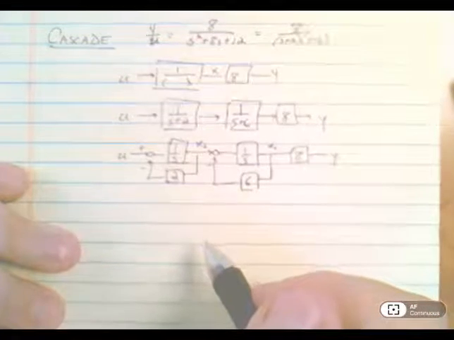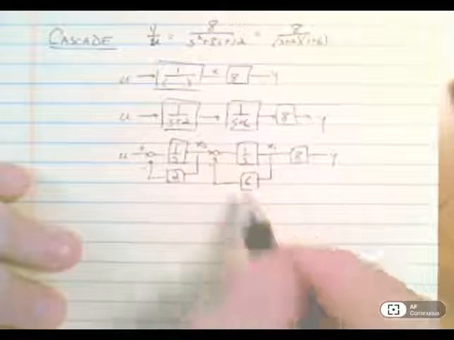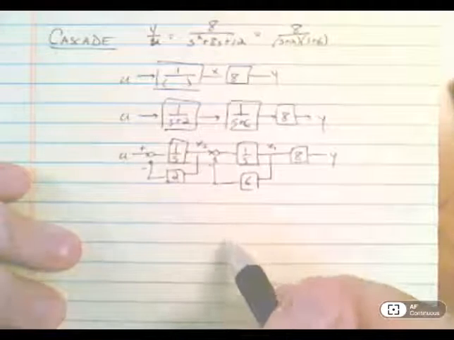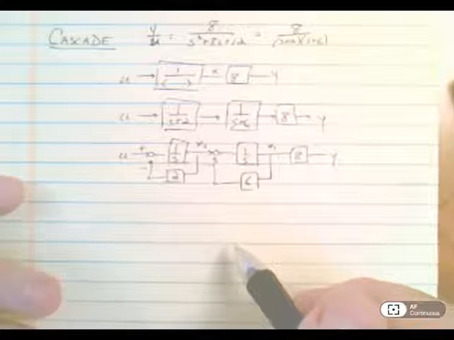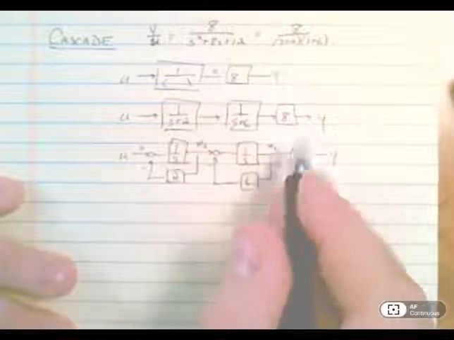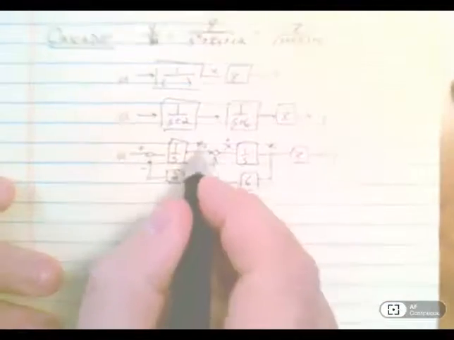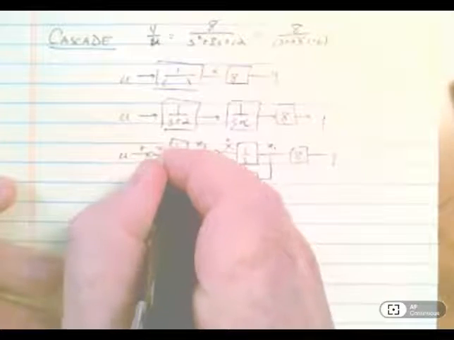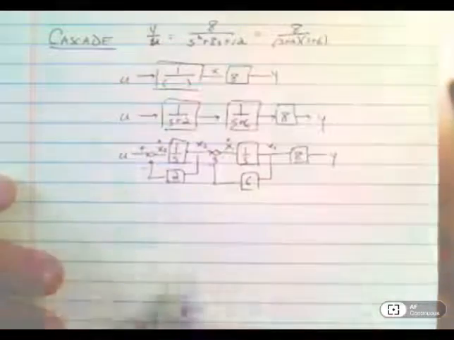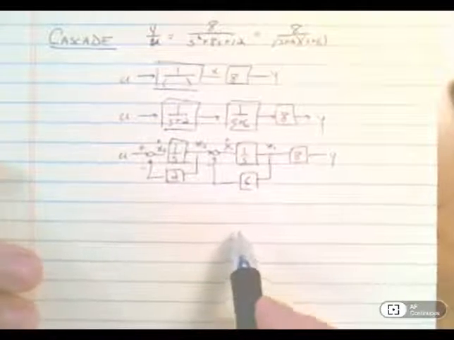So we could put together the block diagram algebra and write it from the point of view of x1 and x2 given this representation to get our new set of state variable equations. And that's exactly what we're going to do now. If I have x1 here coming out of the integrator, then it's x1 dot going in. And x2 coming out of this integrator means that that's x2 dot going in. And so I'm just going to use the block diagram algebra to write the equations for each one.